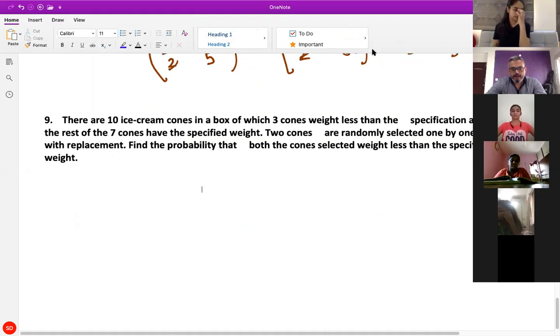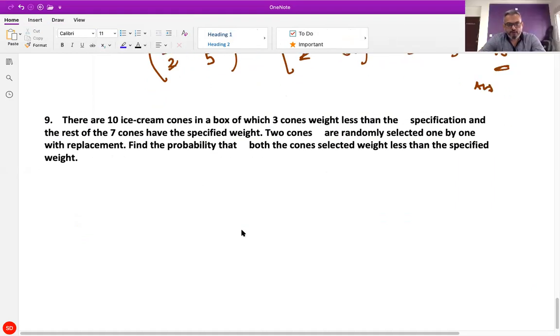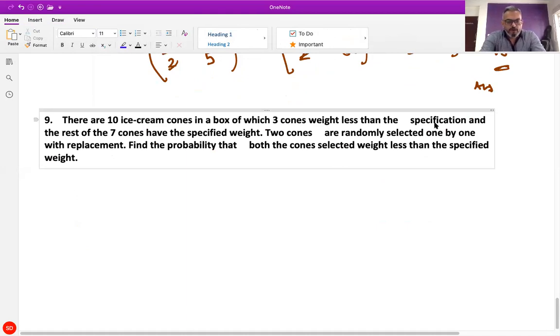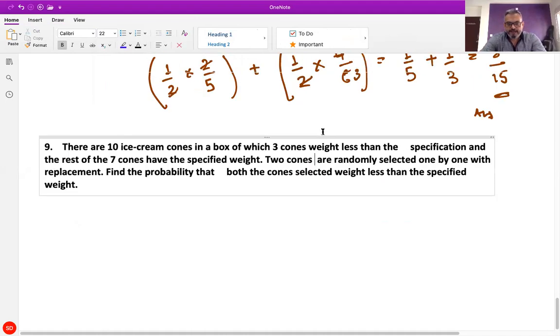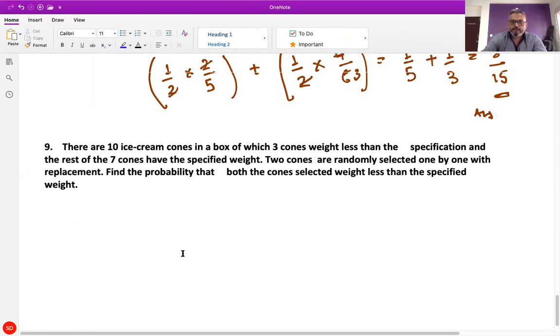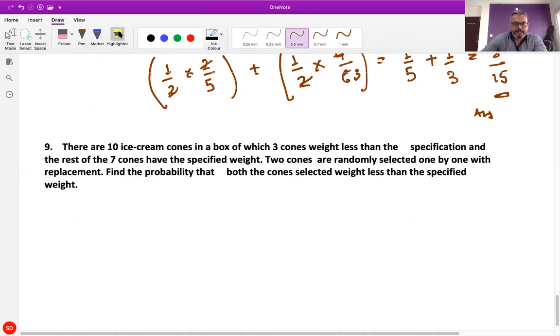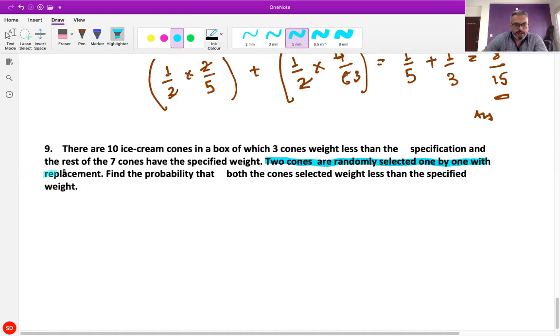Okay, now there are 10 ice cream cones in a box, of which 3 cones weigh less than the specification and the rest of the 7 cones have specified weight. 2 cones are randomly selected one by one with replacement. अंडरलाइन करेंगे या हाईलाइट करेंगे यहाँ पे, one by one with replacement.